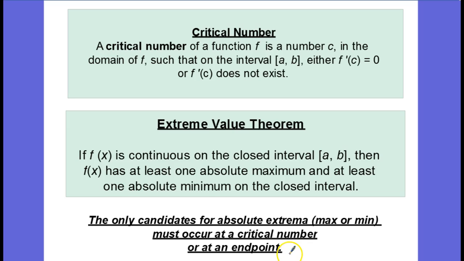So it's going to be important for us to look at our interval, determine what the endpoints are, then look at the function, determine where f prime is either 0 or does not exist, and that gives us a list of possible x values that could be either absolute maxima or minima, and we can investigate each one of those, and that's going to lead us into something called the candidates test.